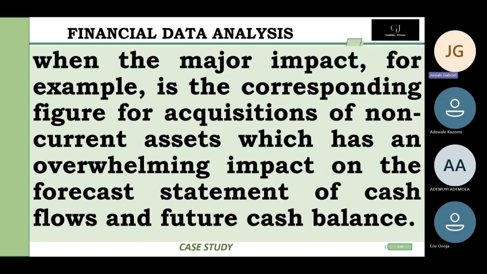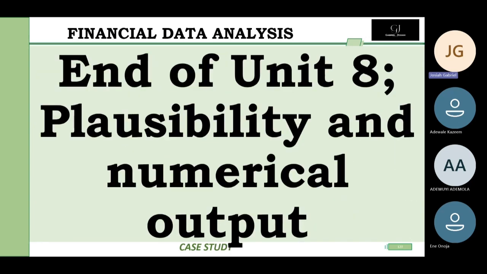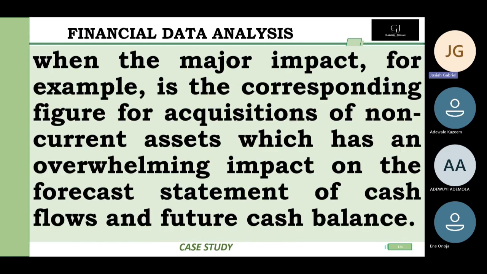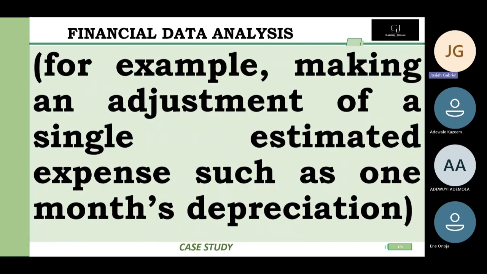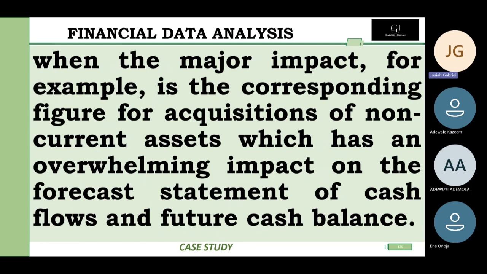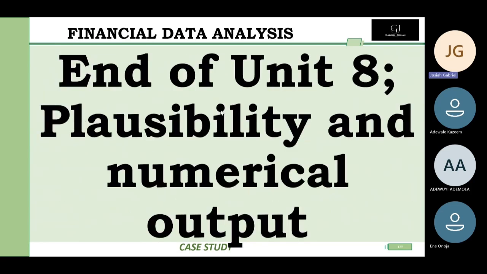So areas of material effects, you should look at them. If they are brought to the fore to the board or the client you are speaking to, will it affect their decision? So this is very important in understanding plausibility and your numerical output for your write-up and decision making. This is key. So we need to take note of that.